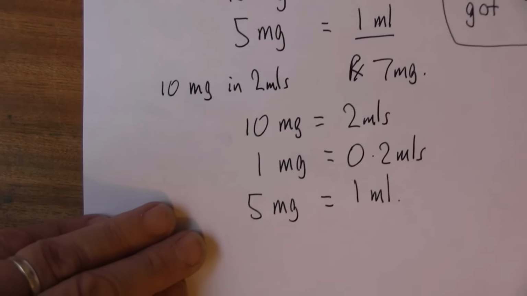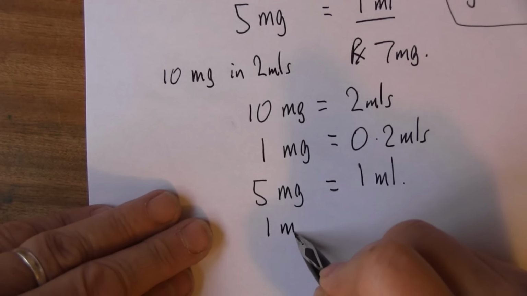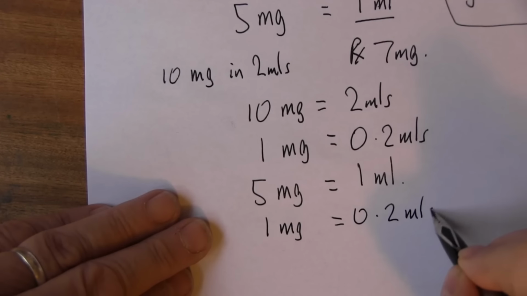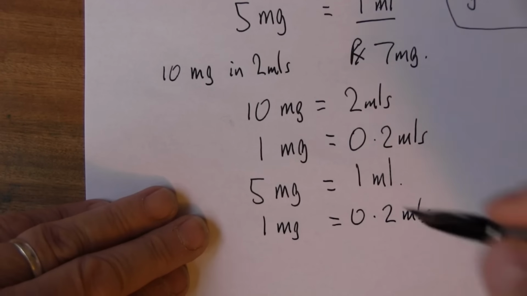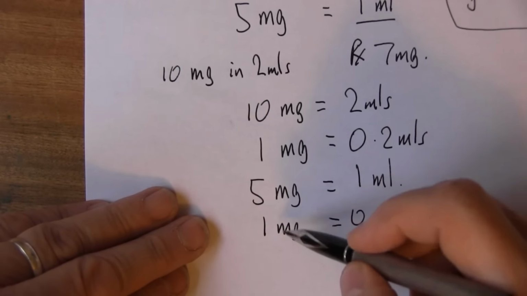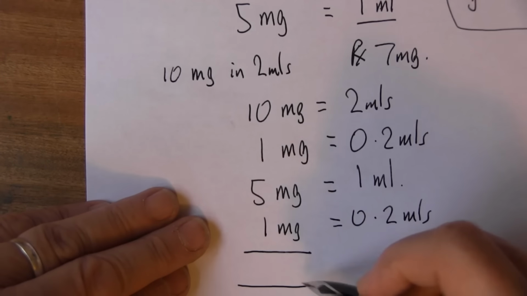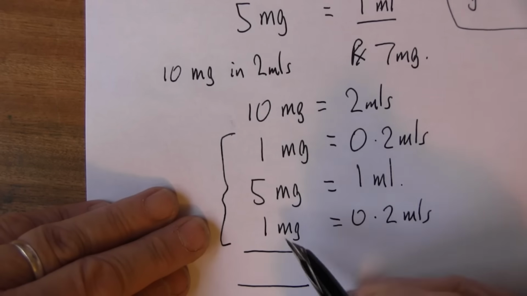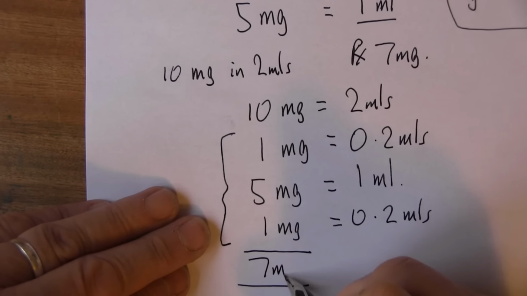But just in case I can't, I can give myself another 1 milligram there. And I want to give 5, 6, 7 milligrams. So I add these ones up. That's 5, 6, 7. That gives me 7 milligrams, which is what I wanted.